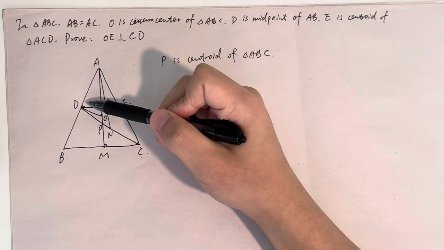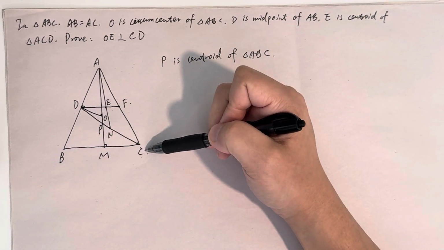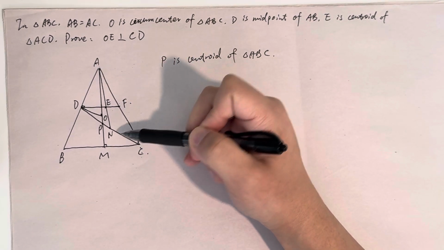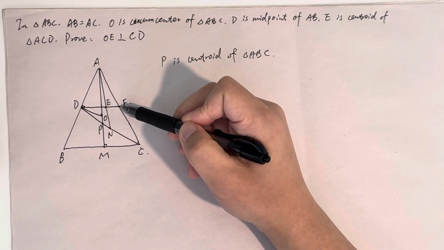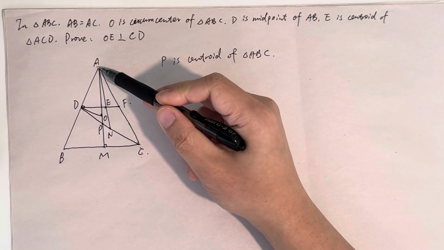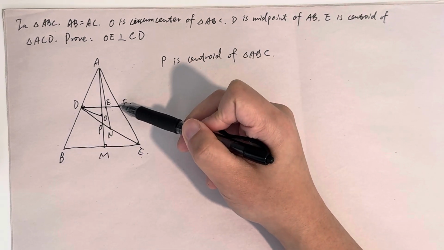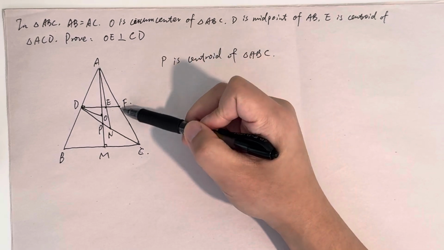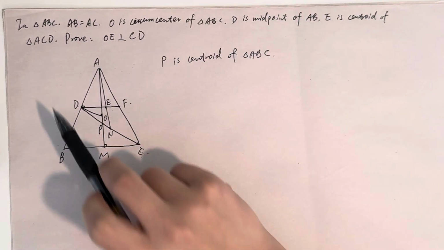So DF is parallel with BC, and OF is perpendicular to AC. N is the midpoint of CD, which makes FN parallel with AD. And we know M is the midpoint of BC, which means FM is parallel with AB, so MNF are collinear.